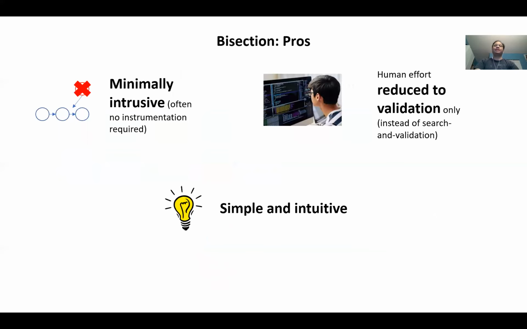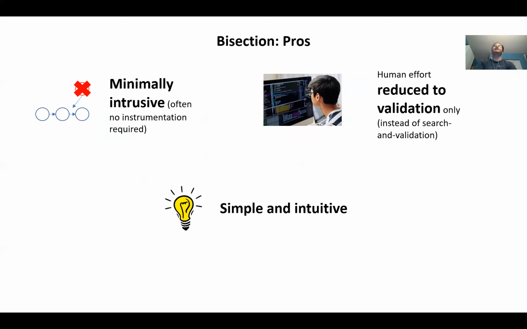So bisection is actually something that's used very commonly in practice, both for functional and performance regressions. But here I'm going to present some of the pros and cons of using bisection for performance regressions in particular, because that's the main topic of the paper. Okay, so one of the main advantages of bisection is that it's minimally intrusive. What that means is that there's often no instrumentation required.